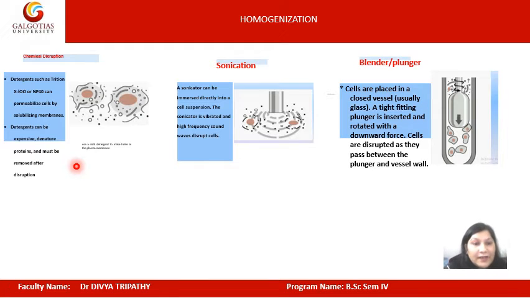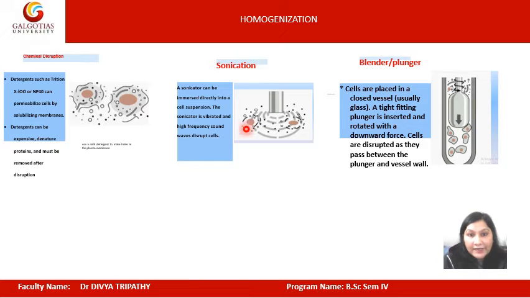This method can be expensive, and detergents can also denature the protein and must be removed after disruption. These are some drawbacks when we use detergent for homogenization. So this method can be avoided if we are using living cells and if we are doing any cost-effective experiment, right?